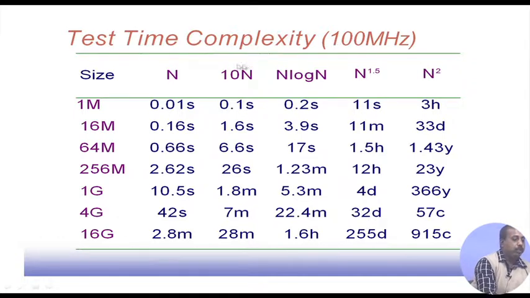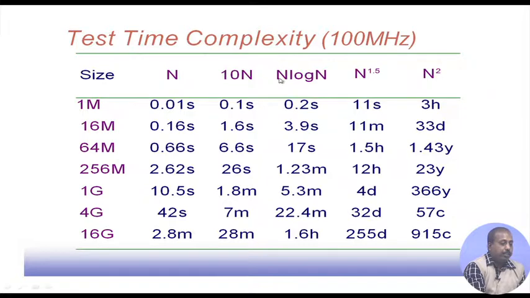Then for 1 megabit memory it takes 0.01 second, whereas for 16 gigabit memory it takes 2.8 minutes. On the other hand, if the test requires 10n time to apply the test pattern and see the responses, then this is 0.1 second and this is 28 minutes. You can understand now the complexity has started growing.